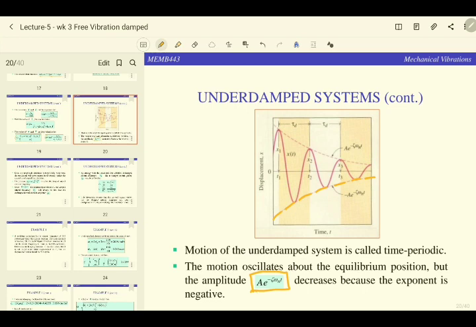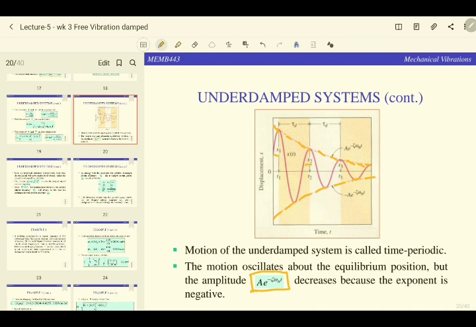It decreases because the exponent is negative. So you have these two envelopes here. This is where you can find the value of those functions, and you can determine what your zeta is. We define a peak x1 and x2 here.